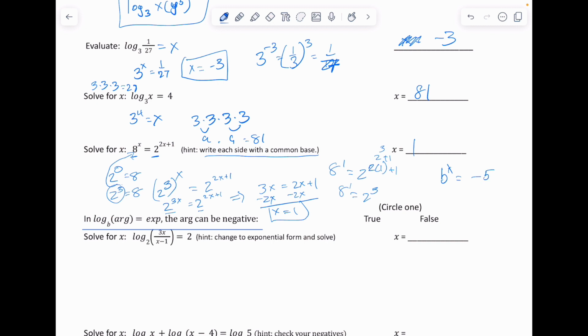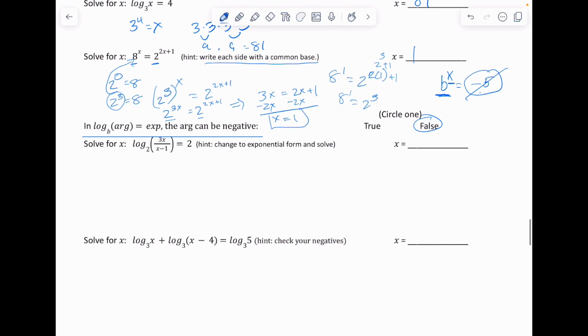I don't know, -5. Because if b is positive and x is either positive or negative, it will make this number really, really big or really, really close to 0. But it will never bring out the negative side. So this could never happen. So this is false. This is really important because you're going to need it for the following questions, potentially.